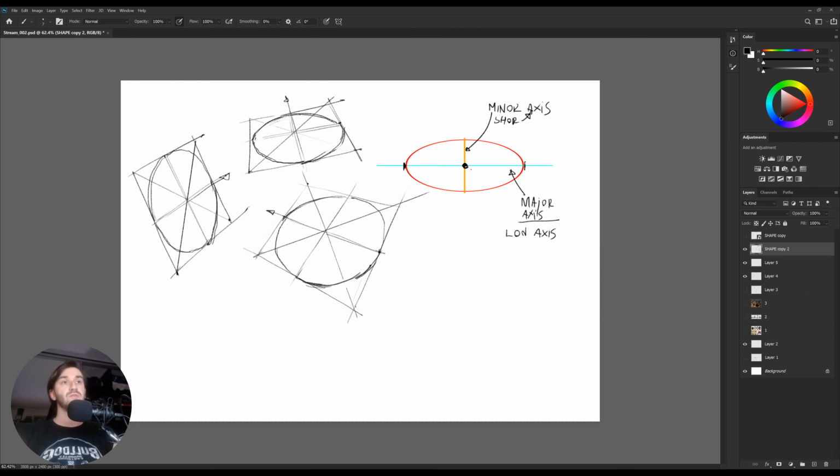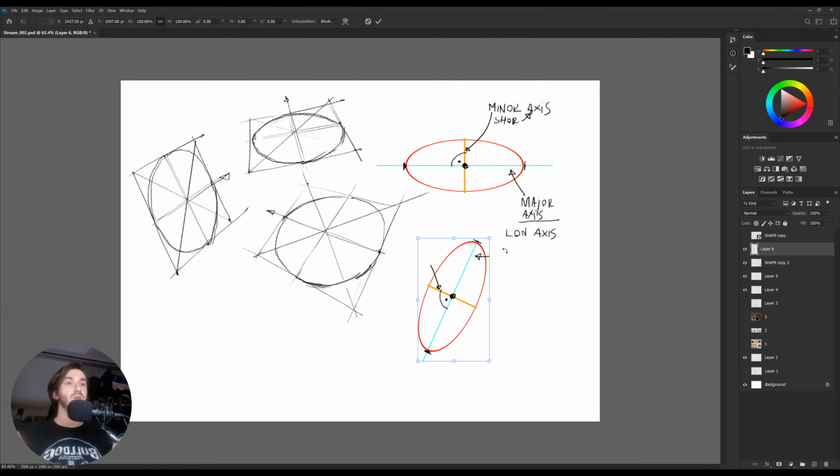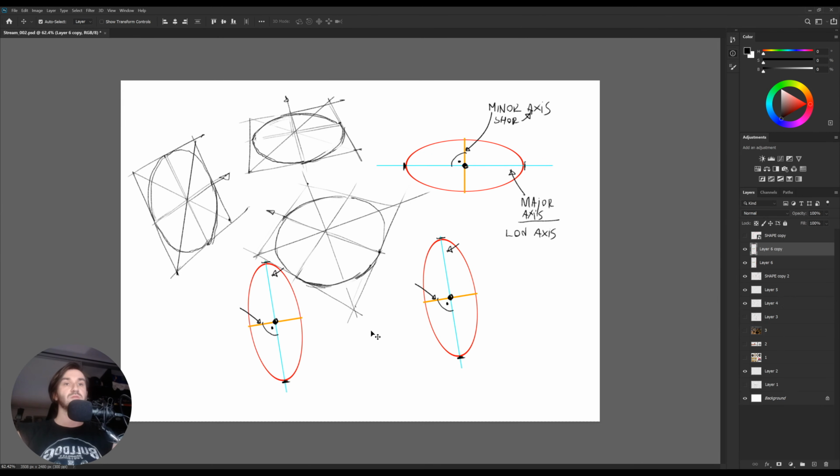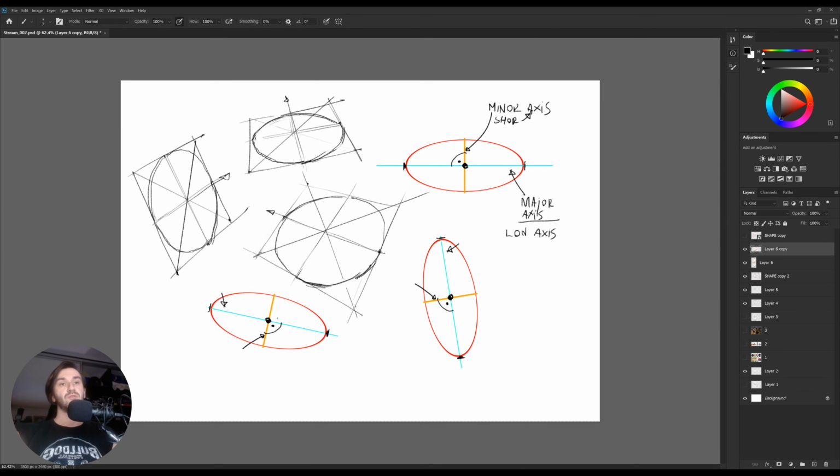The thing with those axes is that they are always in relation to each other, one of them is always tilted 90 degrees in relation to the second one. So every time that you are drawing an ellipse and you want to check if everything is correct, if you rotate it, or distort it really heavily, the relation between those axes will always be 90 degrees.